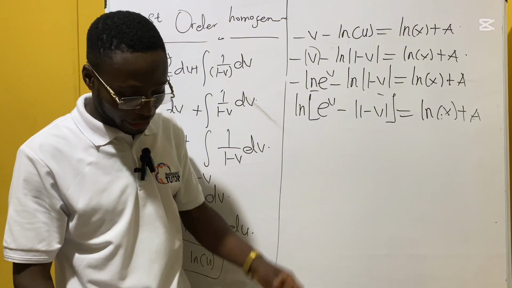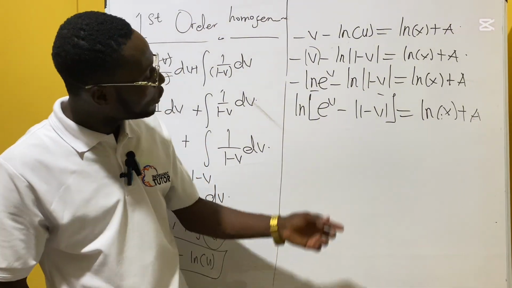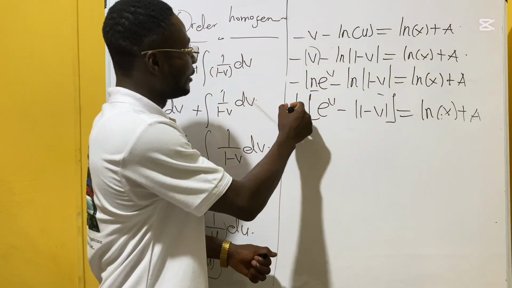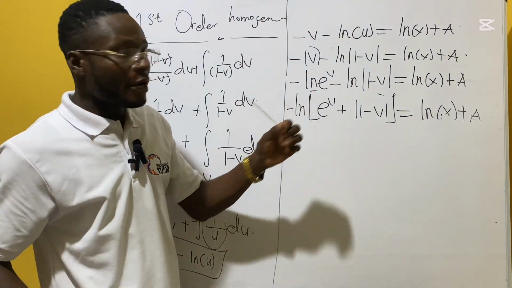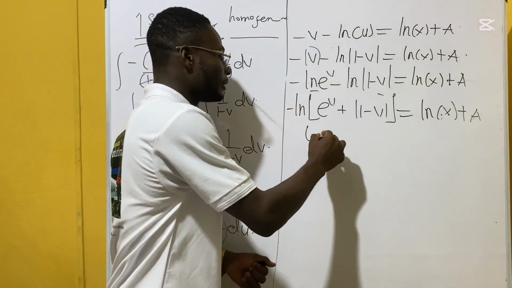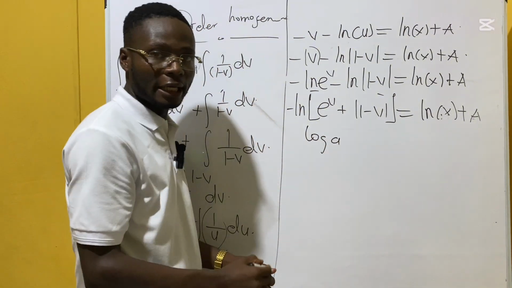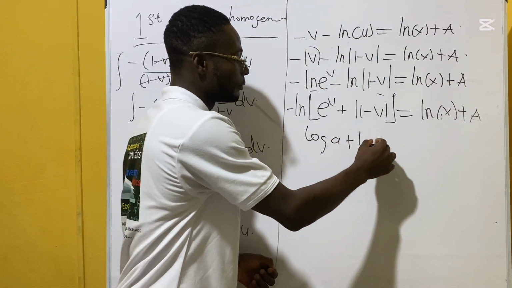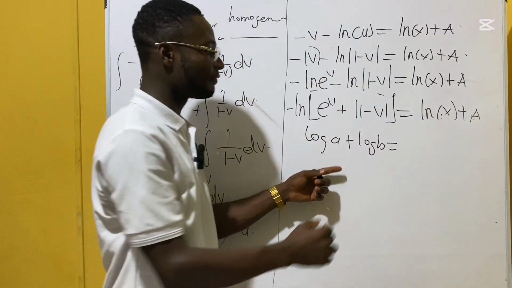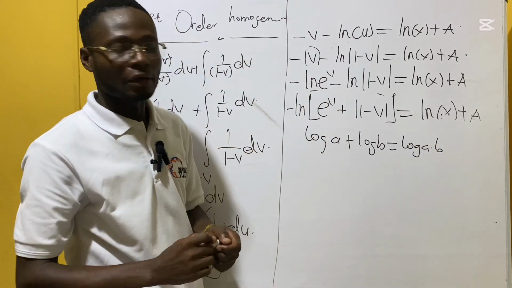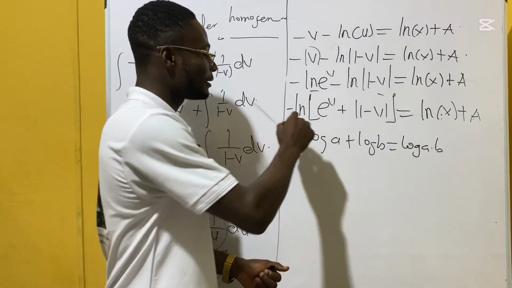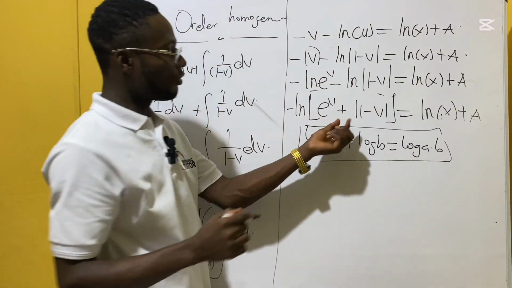Once we have this, we apply the logarithmic laws over here, the logarithmic property. One log property is that if you have log a plus log b, then we can have log ab. So we are going to apply this property over here.